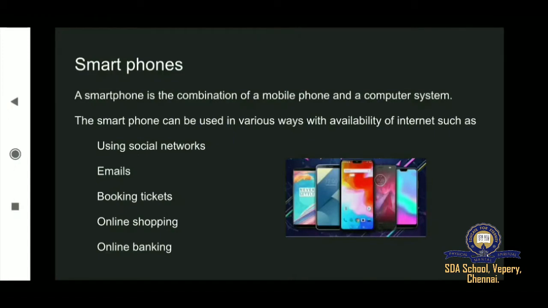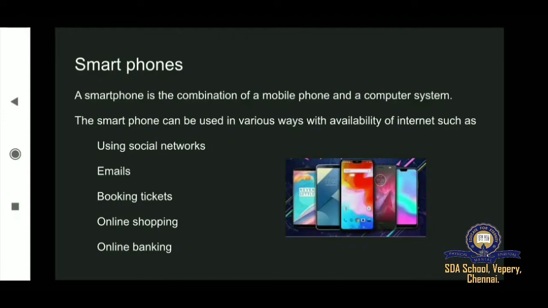In mobile phones and smartphones, you have Play Store where you can download applications. When you use a computer system or a laptop, you cannot download applications. Instead, you open it through a website. So when you have internet connection, you can access social networks, emails, you can book tickets for a movie or for a travel. You can book tickets for trains, aeroplanes, for everything you can use your smartphone.